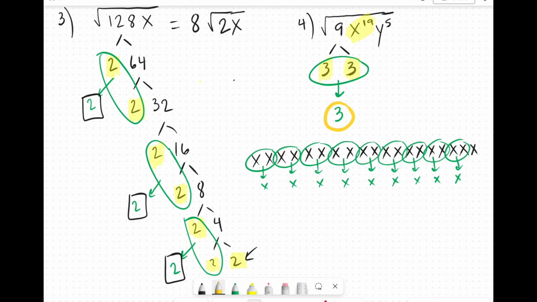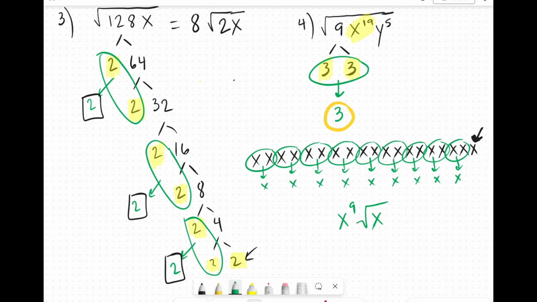So 9 of these green x's will make you x to the power of 9. And then the x that did not make a pair, which is this last x at the end, will go back under the root. And that is the simplified version of x to the power of 19.